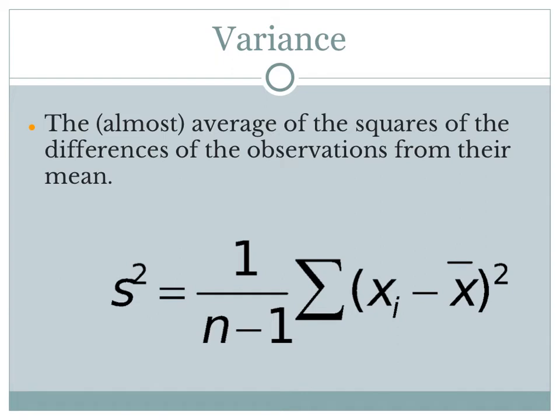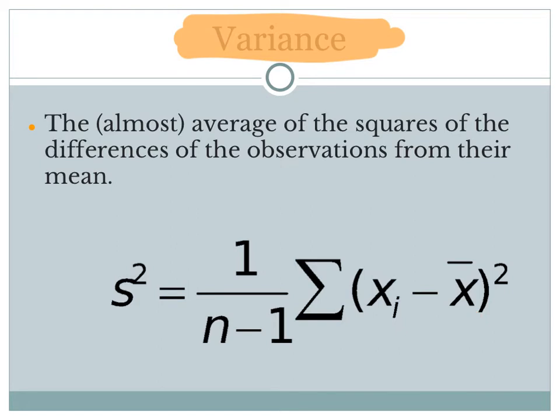This slide shows us the equation for variance, so we're still not quite at standard deviation yet. Let's break down the symbols here to talk about what exactly it's doing. We have our individual x values, so every single data point, and from each of those values we're going to subtract the mean.